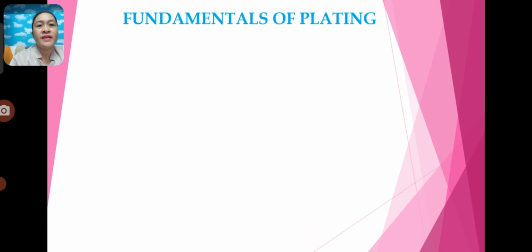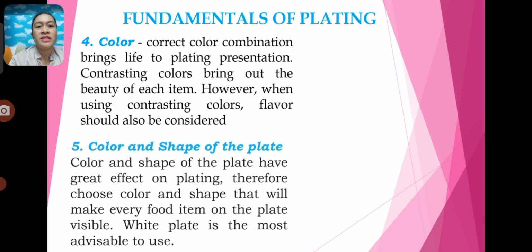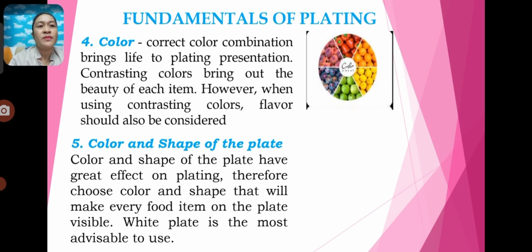Okay, another fundamental that you need to observe in plating, the color. The correct color combination brings life to plating presentation. So contrasting colors bring out the beauty of each item. However, when using contrasting colors, flavor should also be considered. So I have here an example.